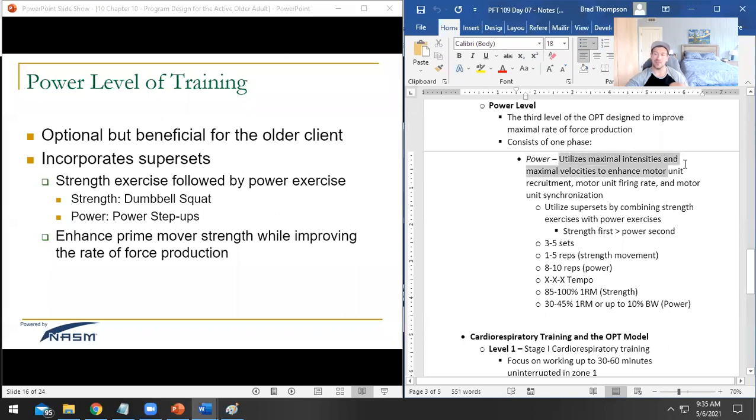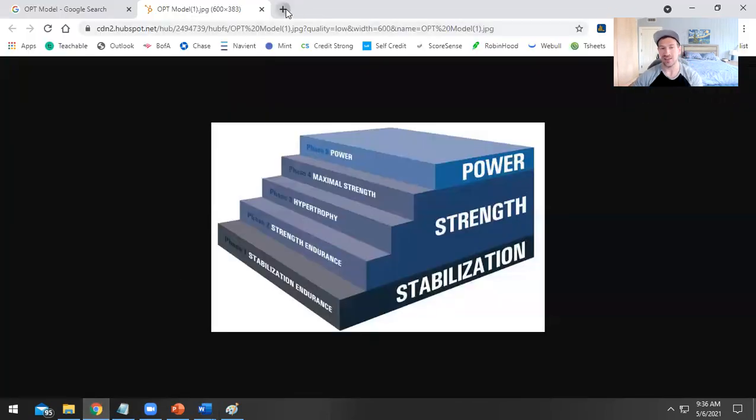Power uses maximal intensities and maximal velocities to enhance your motor unit recruitment, your firing rate, your motor unit synchronization, all these things that result in your nervous system becoming more sensitive and more powerful. We are going to utilize supersets by combining strength with power. We do strength first, because that's the high force exercise. We do power second, that's the high velocity exercise. This is sometimes referred to in the industry as a contrast set.